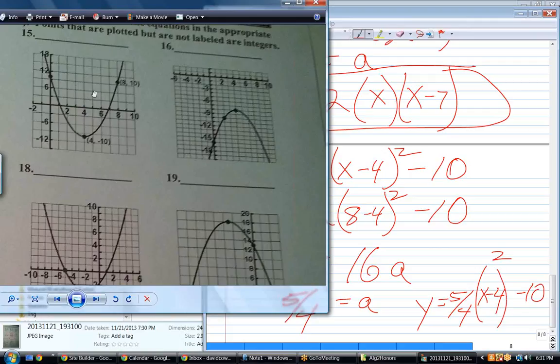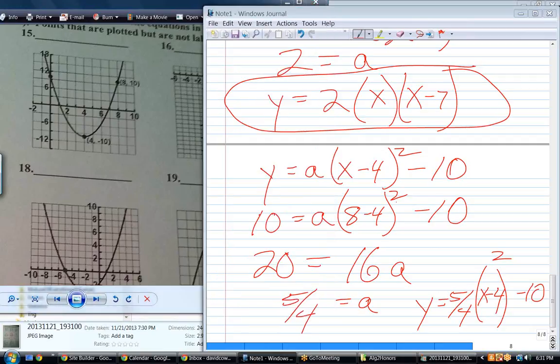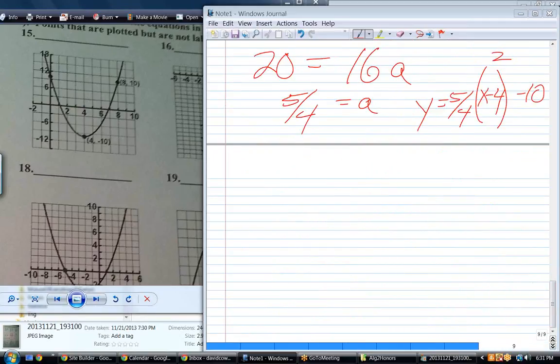So you can actually figure out the equation of a quadratic if they give you any 3 points on the quadratic. Notice that if I had any 3 points, and standard format is the following: y equals ax squared plus bx plus c.